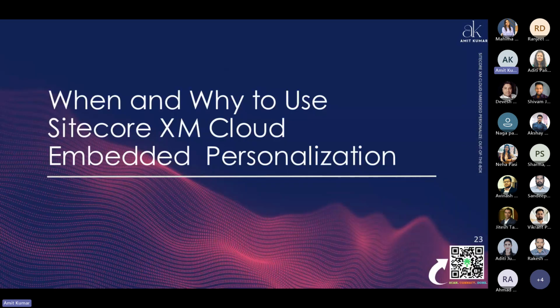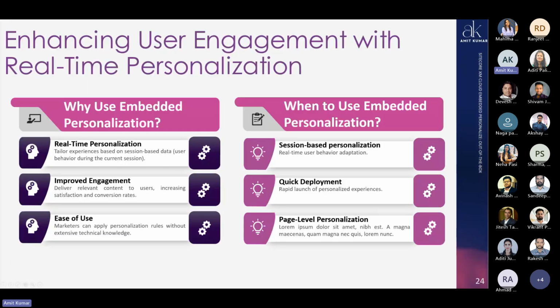So now I will give more examples of when and why to use Sitecore XM Cloud embedded personalization. As Ranjit was explaining, when you have use cases where you are not relying on a large amount of historical data, you can go with XM Cloud embedded personalization.